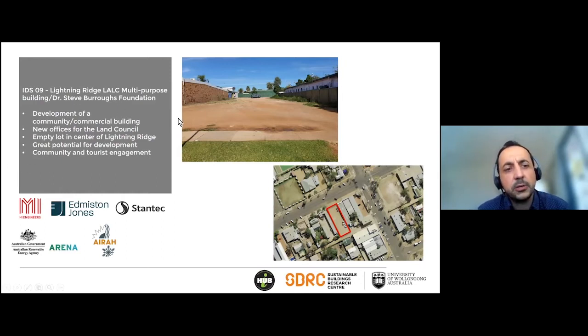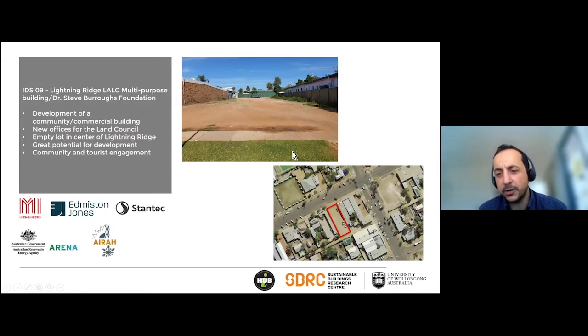In these two IDSs, we had plain sites, as I mentioned earlier. We didn't have an existing building, although the second one has an old building on it. For this one, the client was Dr. Steve Barrow's Foundation, and he was representing the Lightning Ridge local Aboriginal Land Council, and they want to explore building a multi-purpose building in Lightning Ridge.